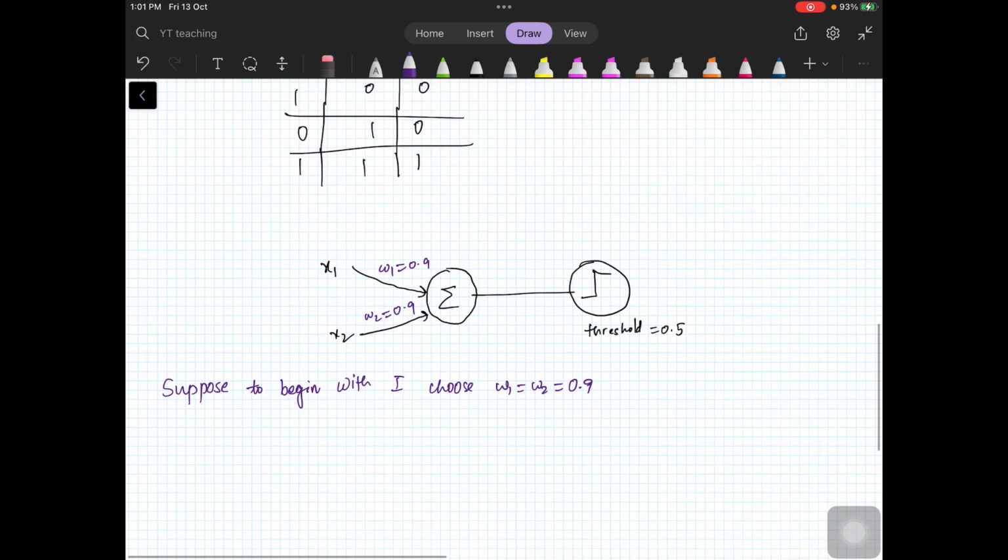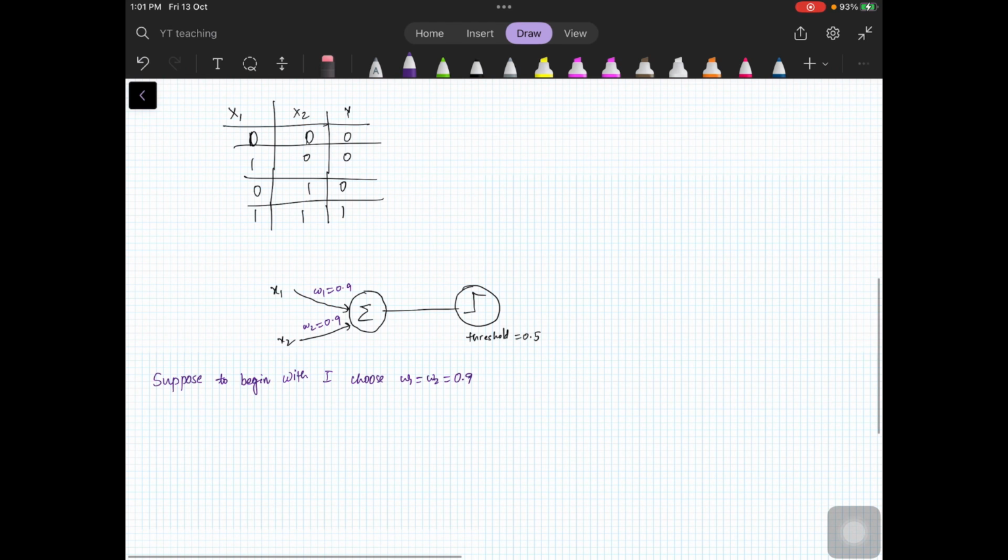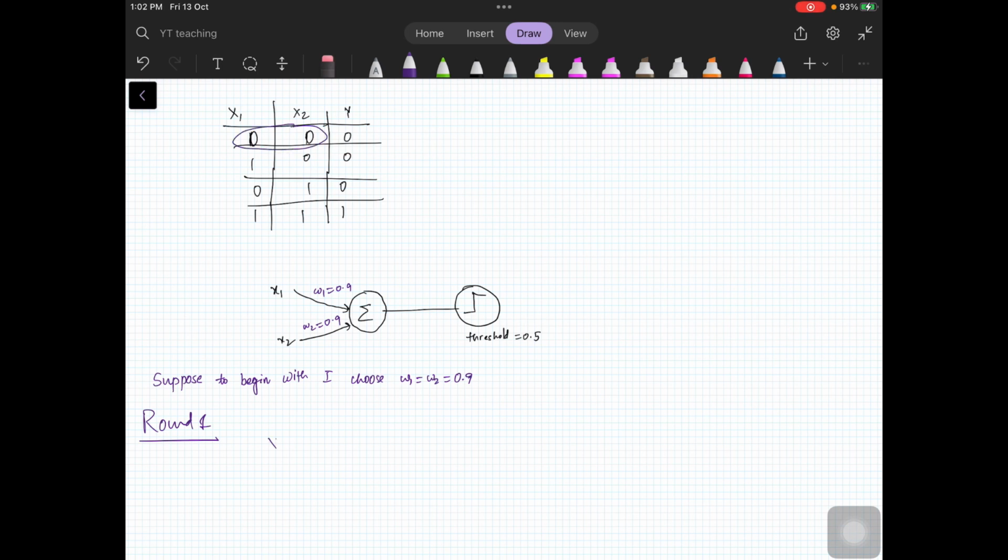Okay, so if these are my weights, I will see how the weights will be updated. Round one means you have the first instance. So x1 is 0, x2 is 0, right?